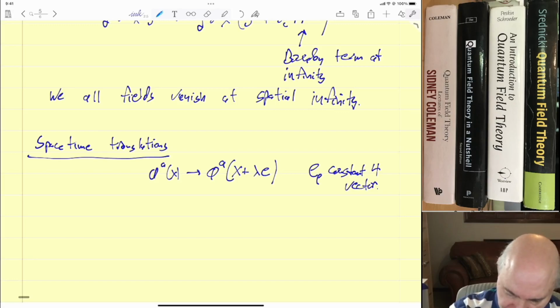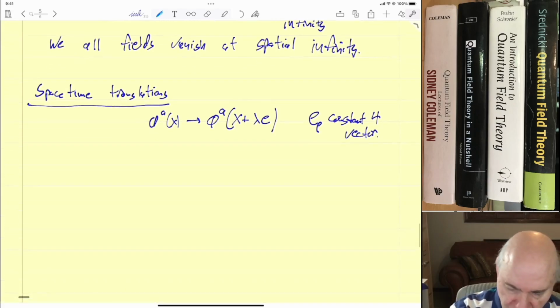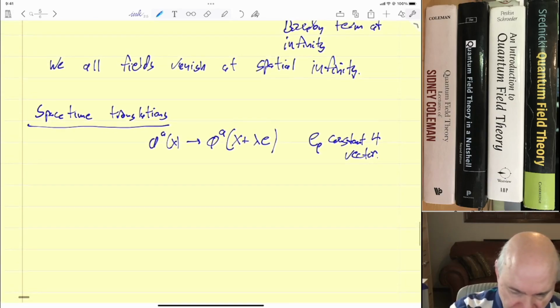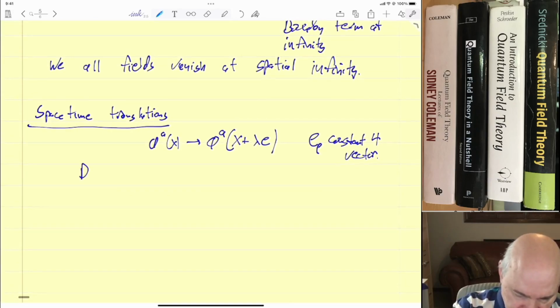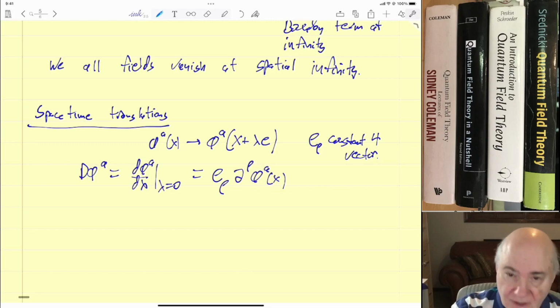I'll denote it by epsilon rho. We're using covariant notation now. So now again, d phi a, our usual definition, just ends up being epsilon rho times the partial of rho of phi a.